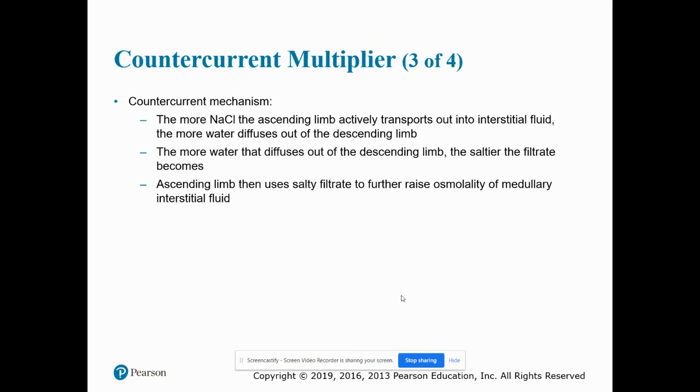The countercurrent mechanism: the more salt the ascending limb actively transports out into the interstitial fluid, the more water diffuses out of the descending limb. The more water that diffuses out of the descending limb, the saltier the filtrate becomes. The ascending limb then uses that salty filtrate to further raise osmolarity of the medullary interstitial fluid.